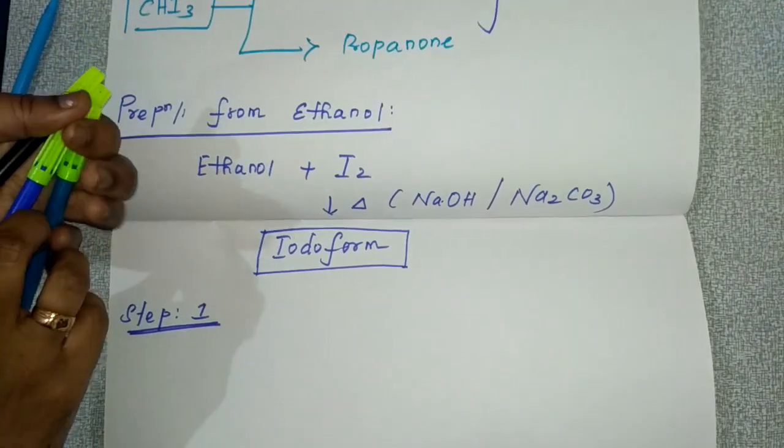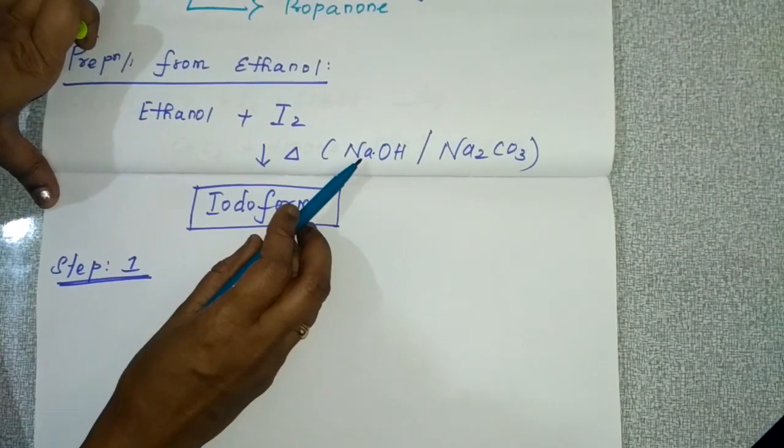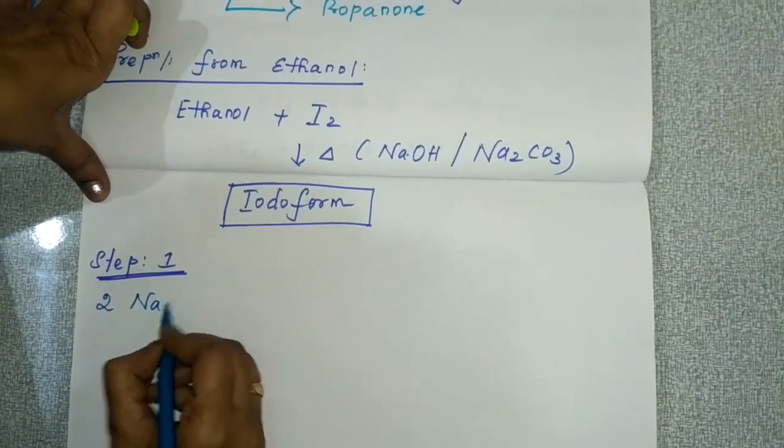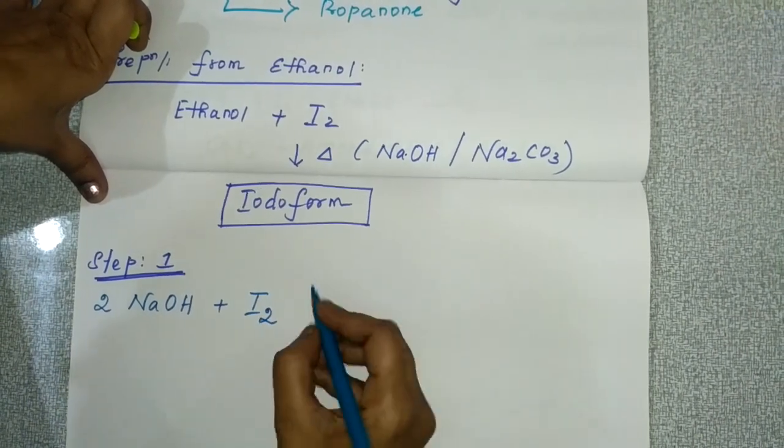As I told you, the reaction will be between sodium hydroxide and iodine. So here, you are taking 2 molecules of sodium hydroxide and iodine.